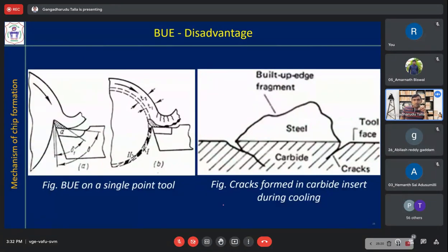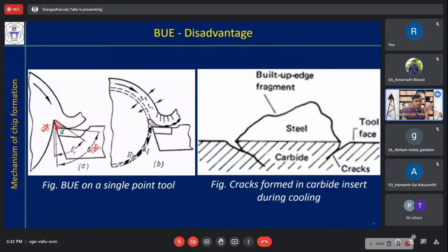Now, what is the disadvantage with built-up edge? You can see here, this is the built-up edge formed over a time. Now what is happening? Ideally, the tool tip should be in contact with our workpiece.